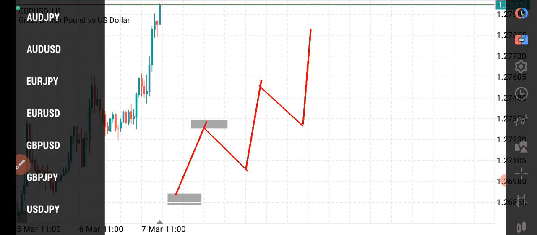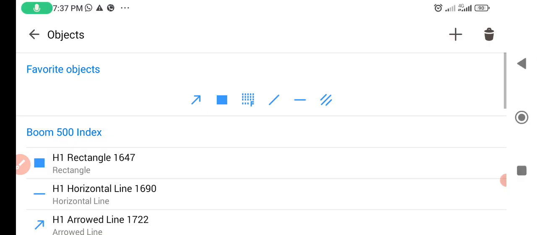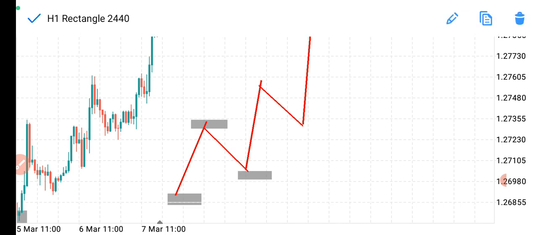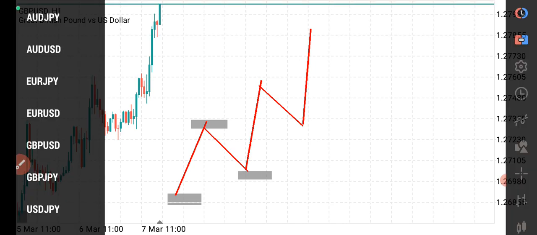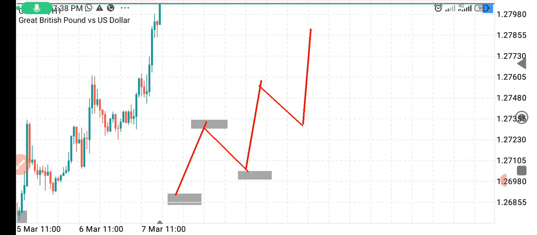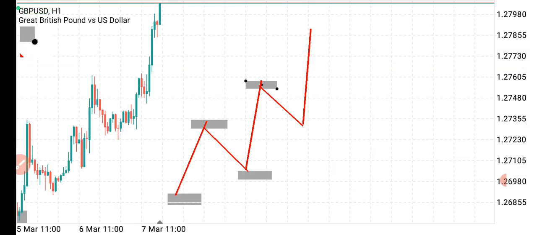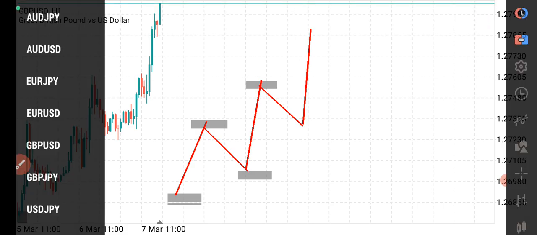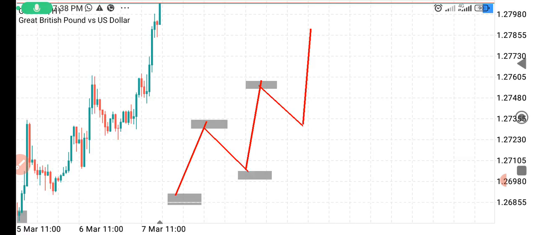Very, very important, that as a trader, you must know your range. So your range is this leg that moves from here to here. So your fib is on your range.